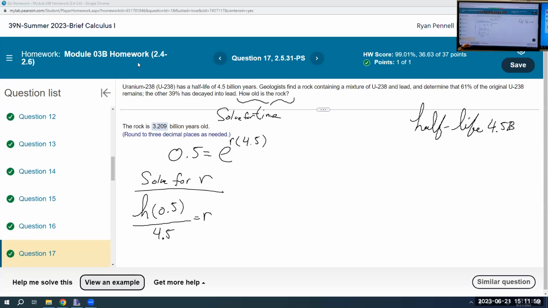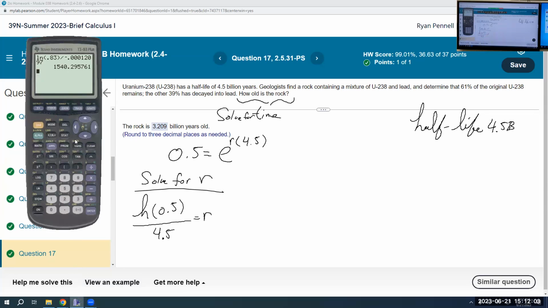But that's in relation to billions. So we need the natural logarithm of 0.5 divided by 4.5, which tells me the rate.